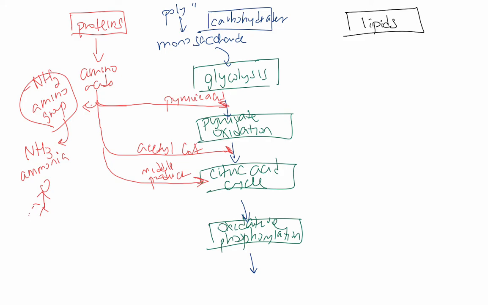Anyways, to get back here, finally we have lipids. And so in the case of lipids, we remember it breaks down into glycerol and fatty acids. And glycerol, it'll go in as a middle product of glycolysis. And it will go all the way down.